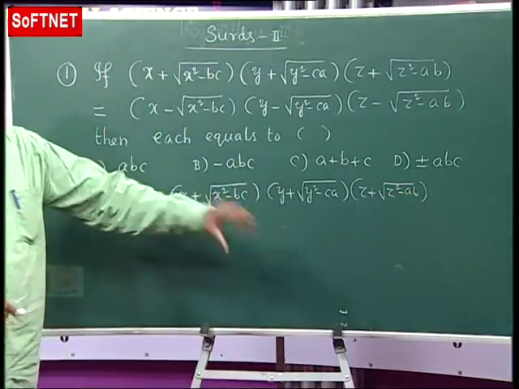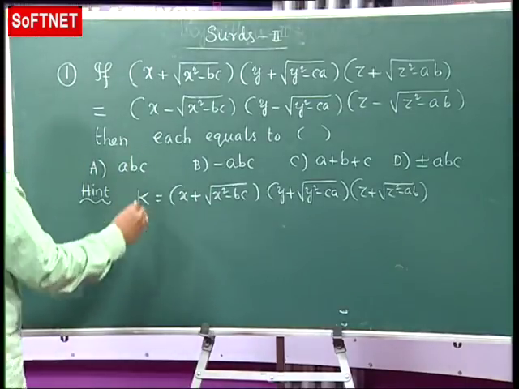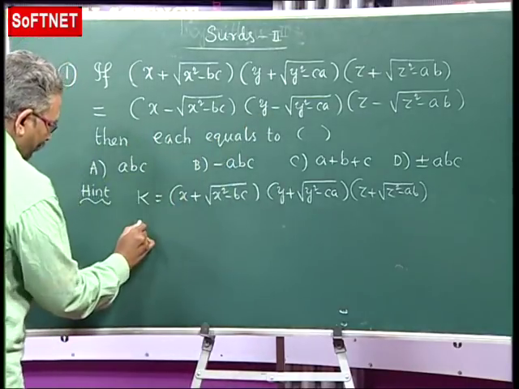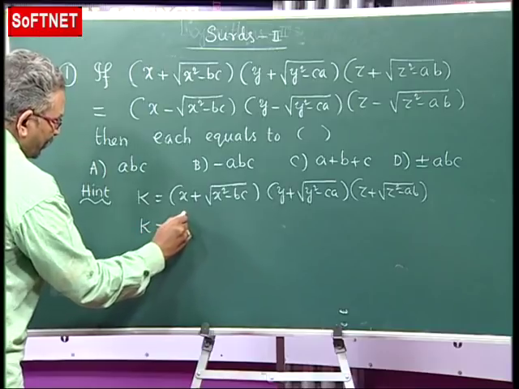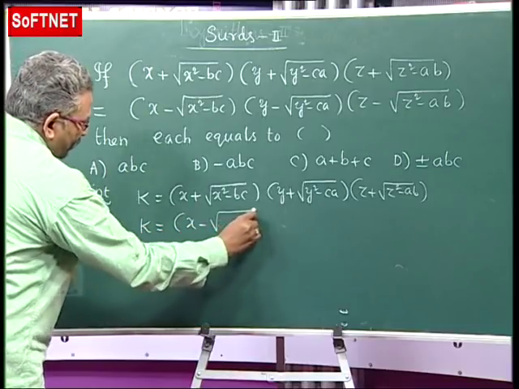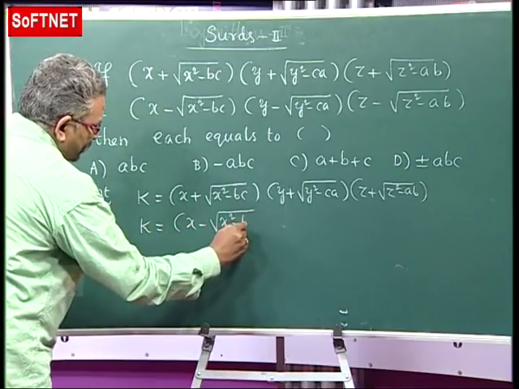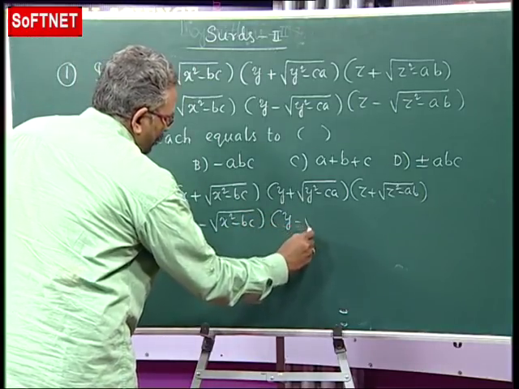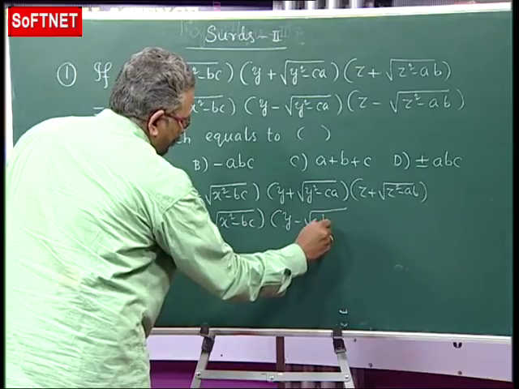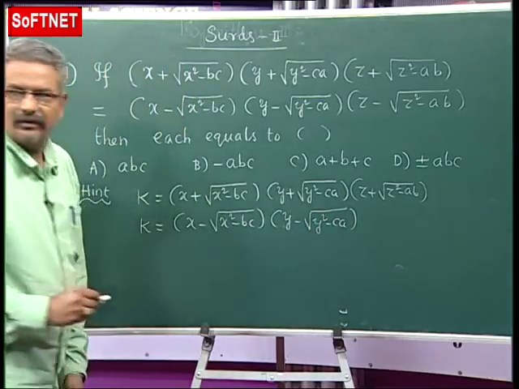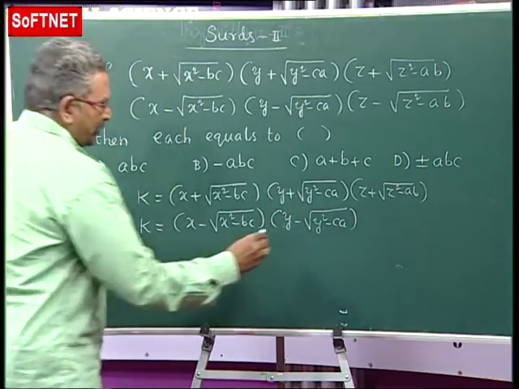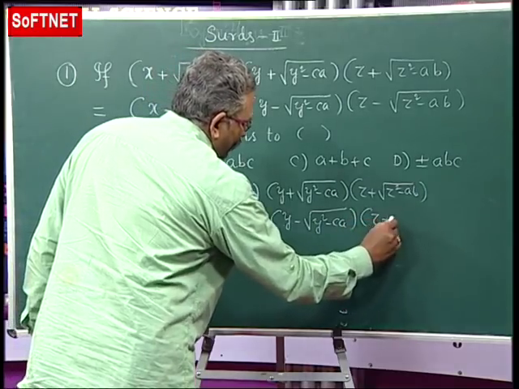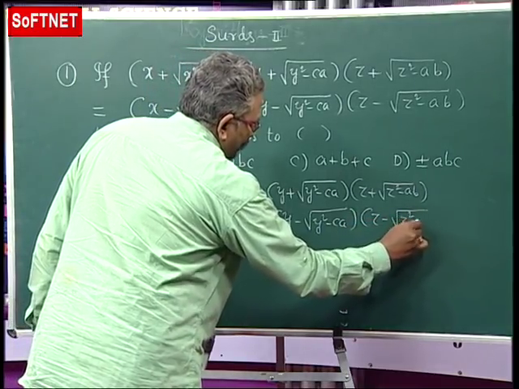This is the left hand side. Now right hand side, that is also k: x minus root of x square minus bc, y minus root of y square minus ca, z minus root of z square minus ab.